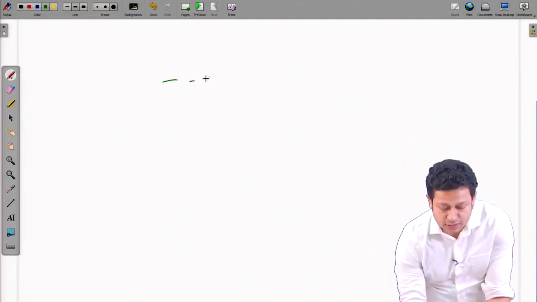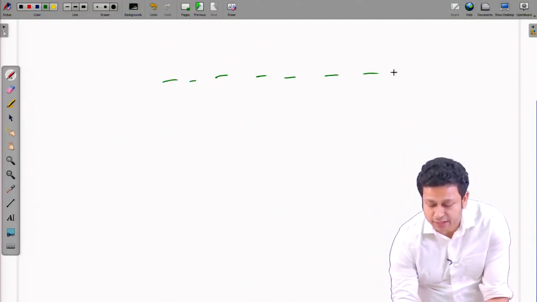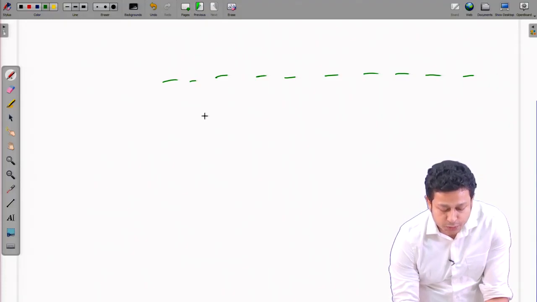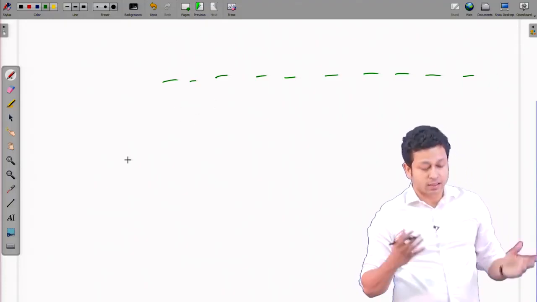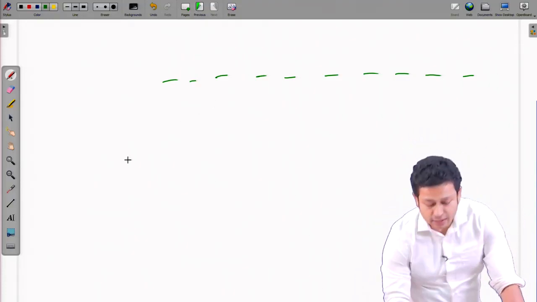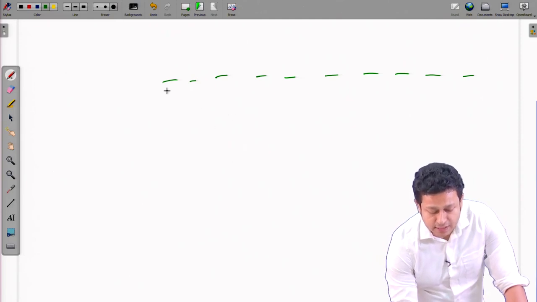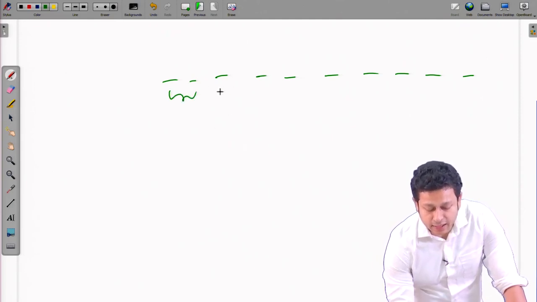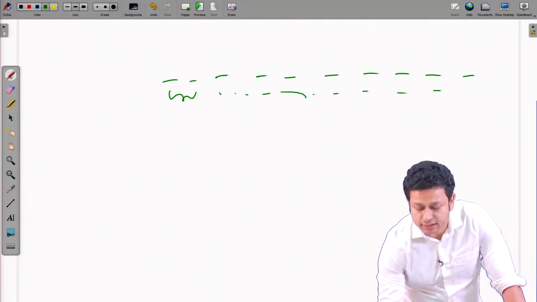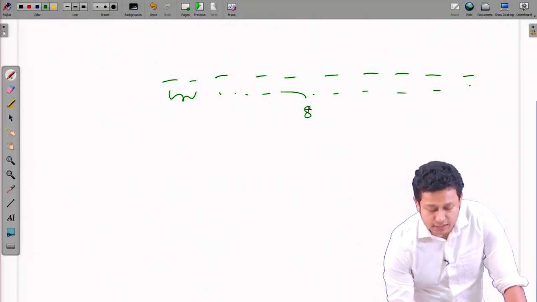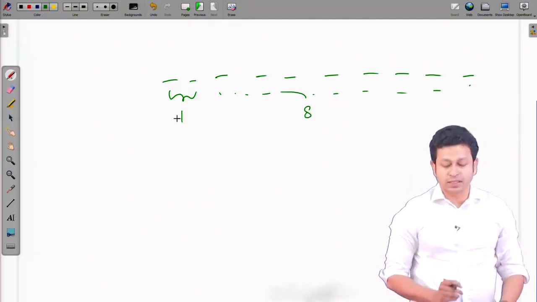So there are 10 students, 3, 4, 5, 6, 7, 8, 9, 10. Now you choose any two of them, so that two students have to be together. So you choose two of them, and then you will have the rest 8, right? Basically you bunch these two students as one group.